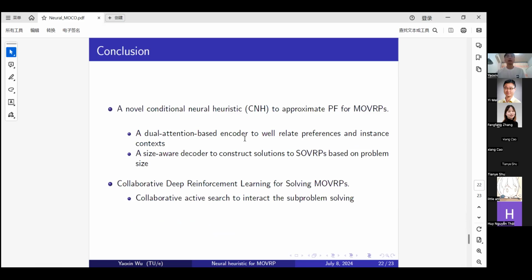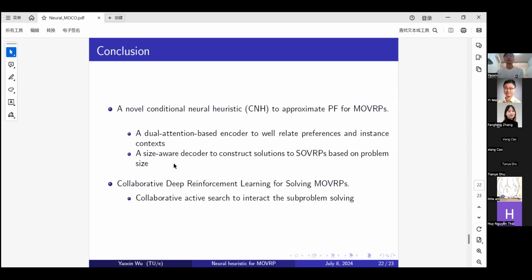So to conclude, in this talk, I introduced two of my works. In the first one, we propose a dual attention based transformer deep model to relate the preference and instance information, and to get better representation learning of the instance information and the preference.